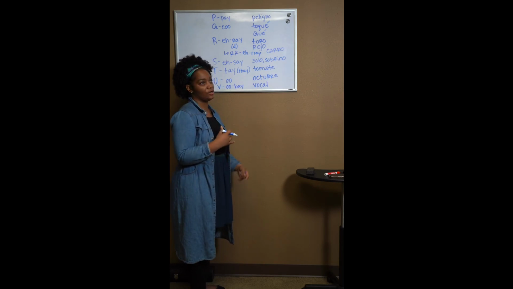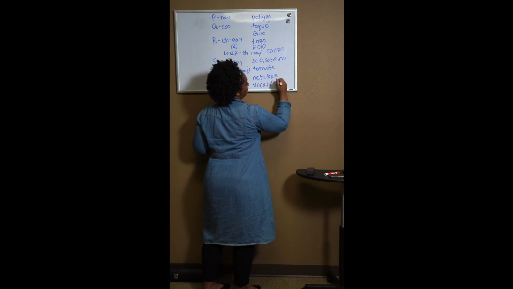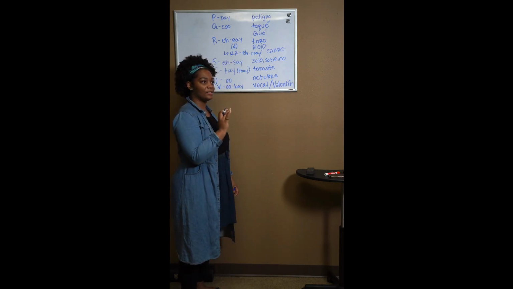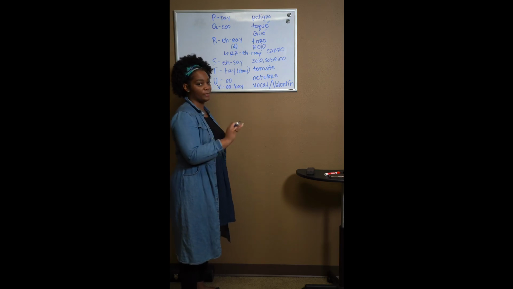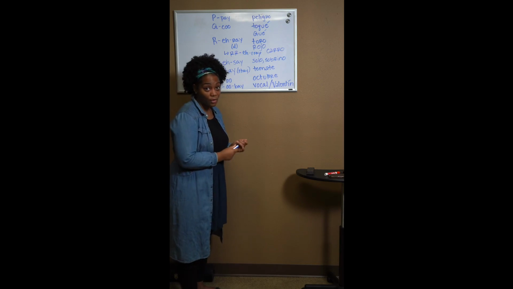Or if somebody's name was Valentin, right? I wouldn't say Valentine, I'd say Valentin. It's short, it's quick, it's a soft B sound. Valentin, vocal, okay? So let's go over these letter names.